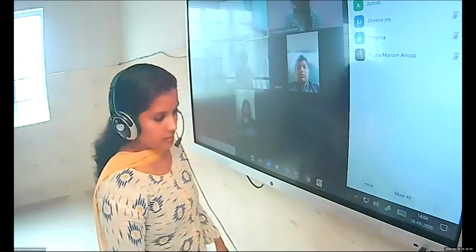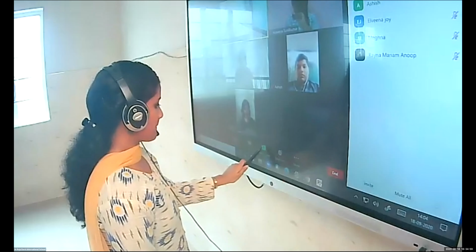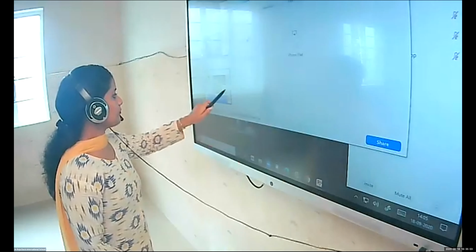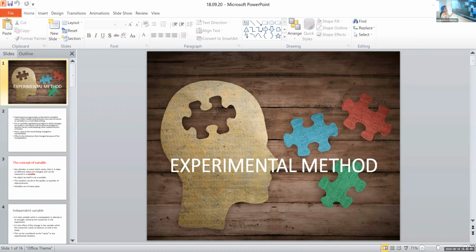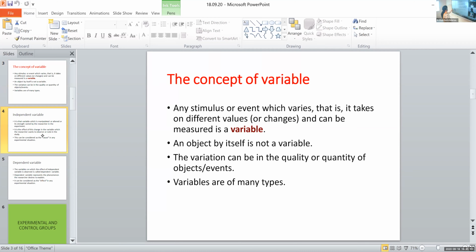Now, let's not waste any more time. We'll start the next section. Can you see the screen? Yes, ma'am. So we learned about experiments, we learned about variables, then about independent variable and dependent variable.